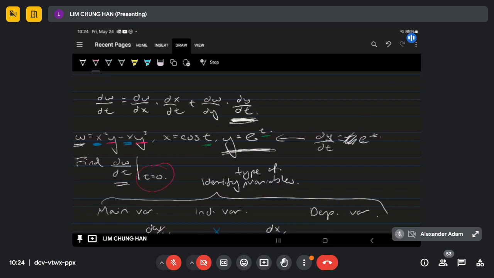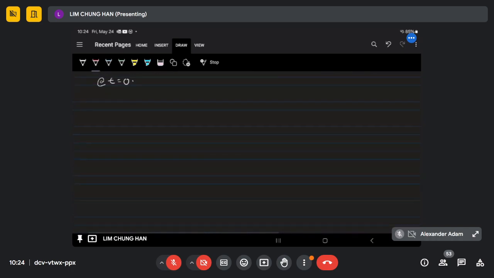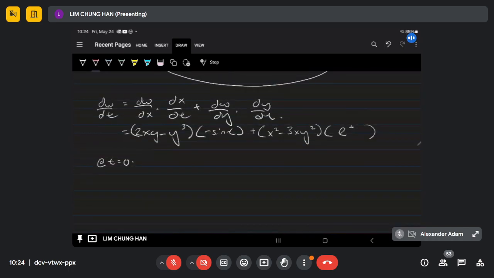So what you need to do is find the value when t is equal to 0. That means you can substitute t equals 0 in here and in there. But you still have x and y scattered all over the place, so you also need to look for x and y first.